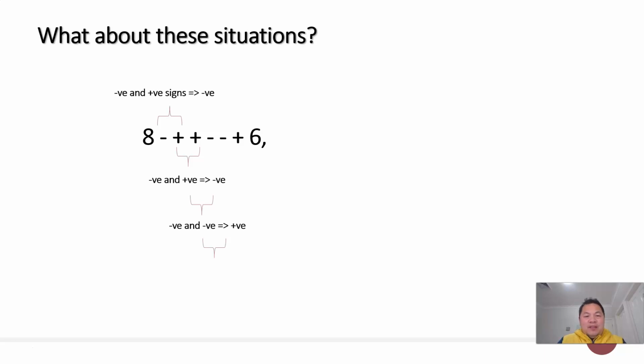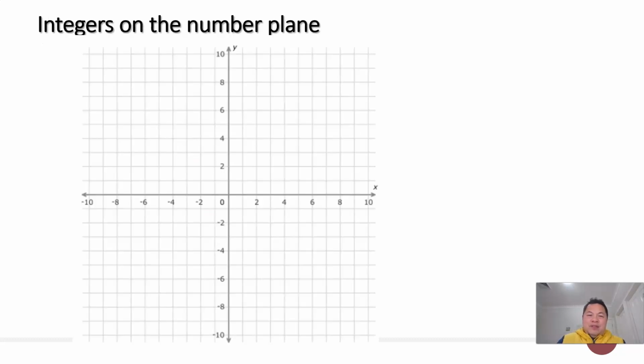And then after that, negative, positive and negative is negative. Negative and positive now is negative. So the end result is actually 8 minus 6. Okay, all good? No problem? Okay, so that's how I get the end results.